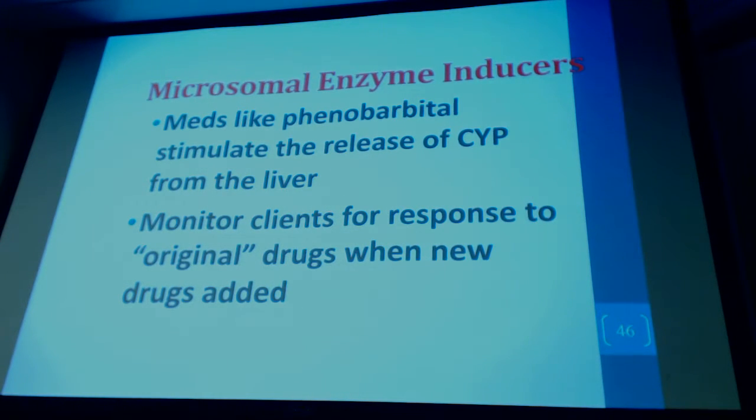Okay, so I've given you another example here of a drug, phenobarbital, that we use to prevent seizures, that actually stimulates the release of the enzyme that breaks down most medication.